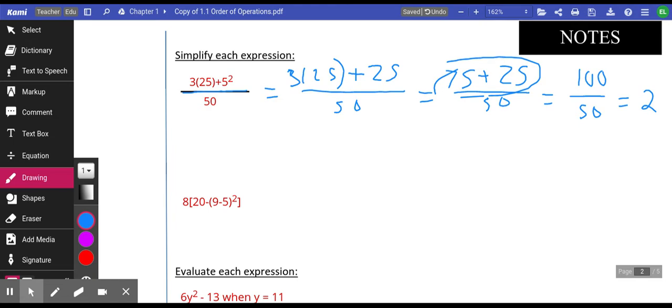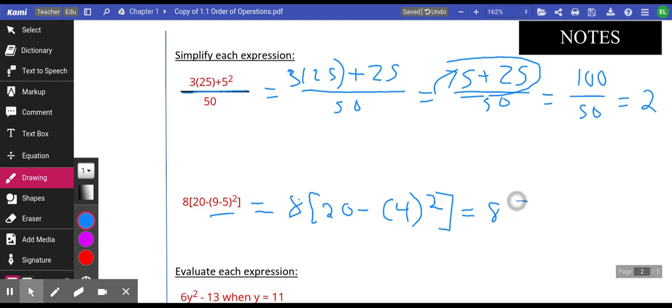And in the second example, we actually have two sets of grouping symbols. So the innermost one occurs first. So 9 minus 5 will get simplified, which is 4. And then since the exponent is inside of the grouping symbol, that gets simplified next. So 8 times 20 minus 4 squared is 16.